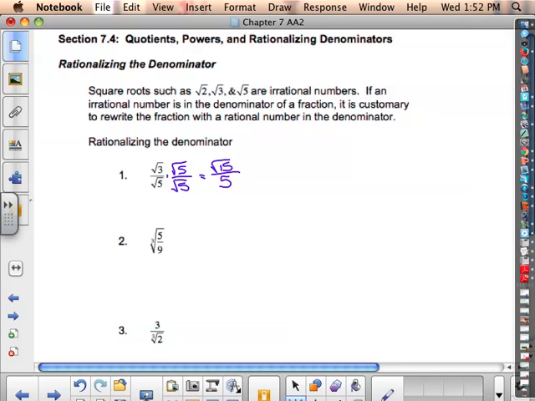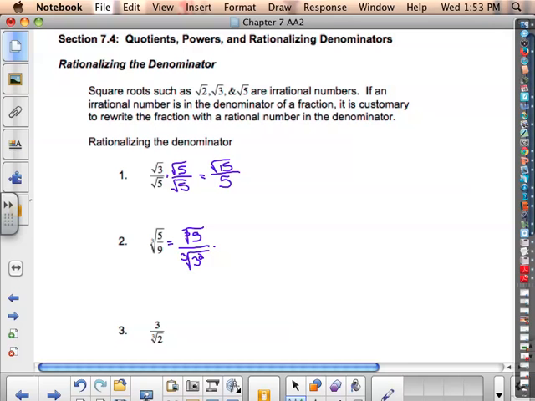Okay, number 2, when we take a look at number 2, that looks like it is the third root of 5 over the third root of 9. Now I know 9 is a perfect square, so I'm going to rewrite that as 3 squared.